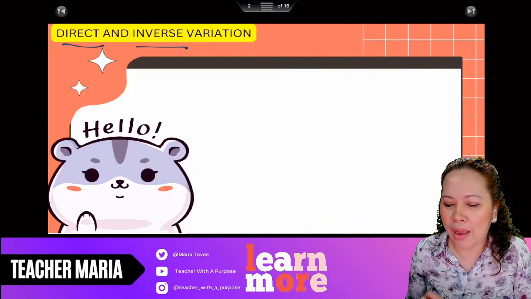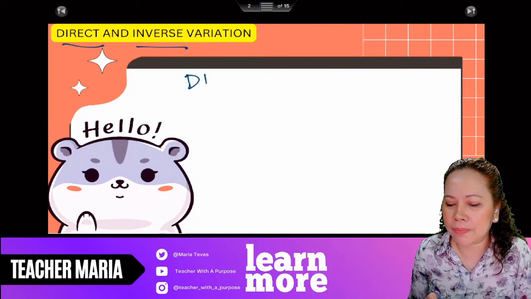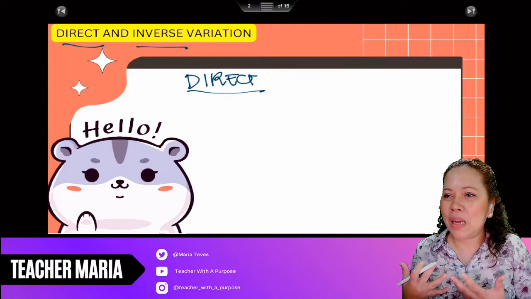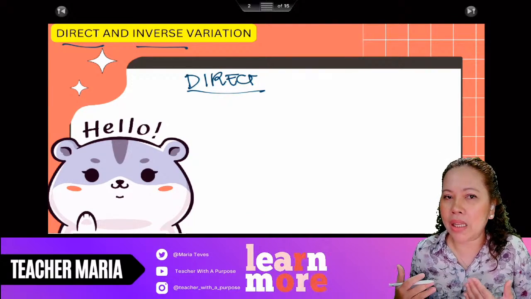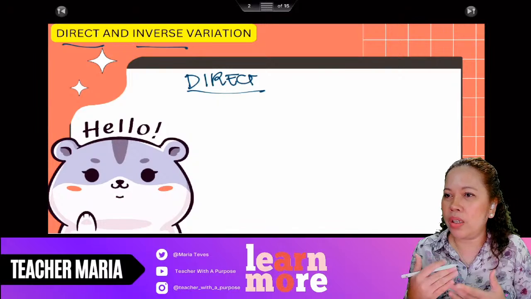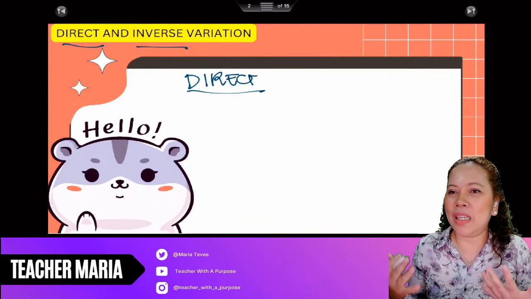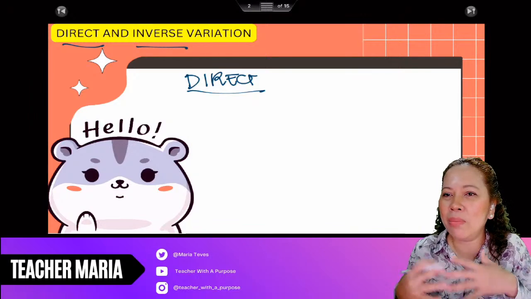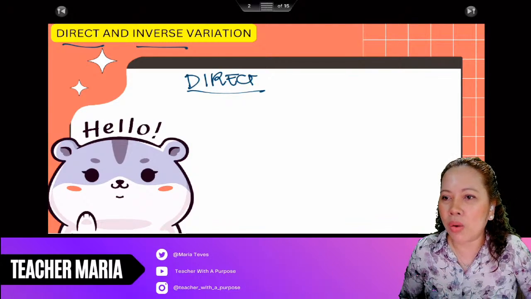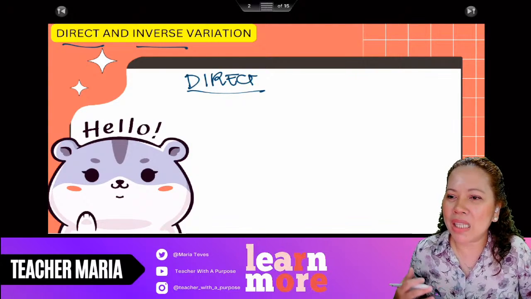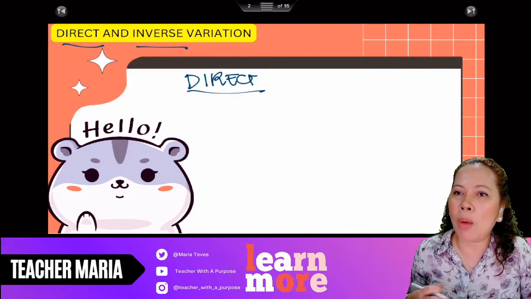The first one that we have is your direct. When we say direct, meaning straightforward, there is no other mixed up relationship, nothing that is complex.